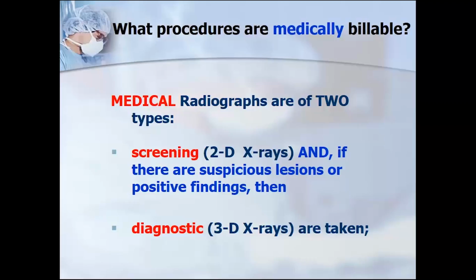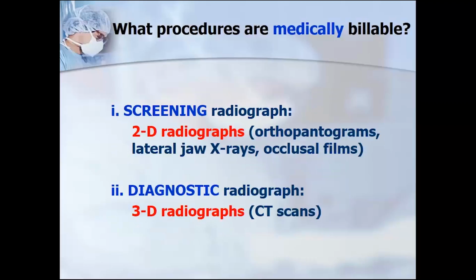These are routinely taken, and that's why they're called screening radiographs. If there are any suspicious lesions or positive findings, such as infection, abscess, cyst, pneumatization, atrophy, etc., then a diagnostic radiograph can be taken. A diagnostic radiograph is a three-dimensional radiograph.